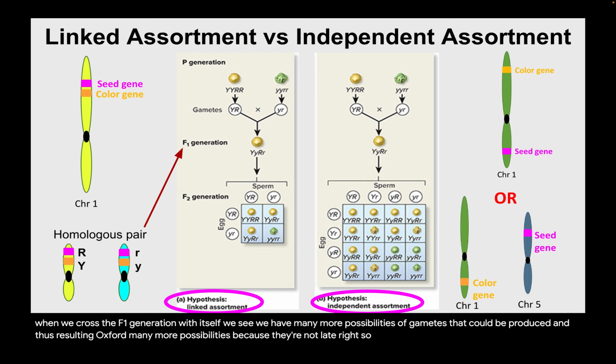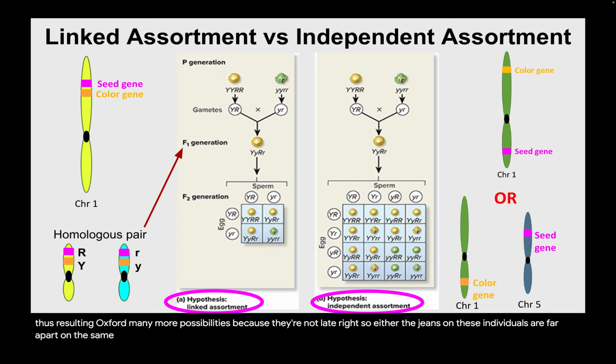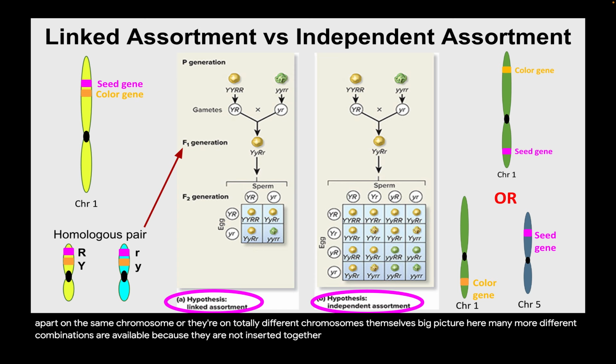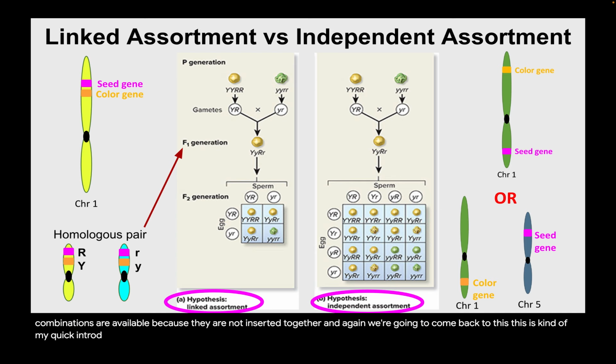So either the genes on these individuals are far apart on the same chromosome, or they're on totally different chromosomes themselves. Big picture here, many more different combinations are available because they are not inherited together. And again, we're going to come back to this. This is kind of my quick introduction to the concept.